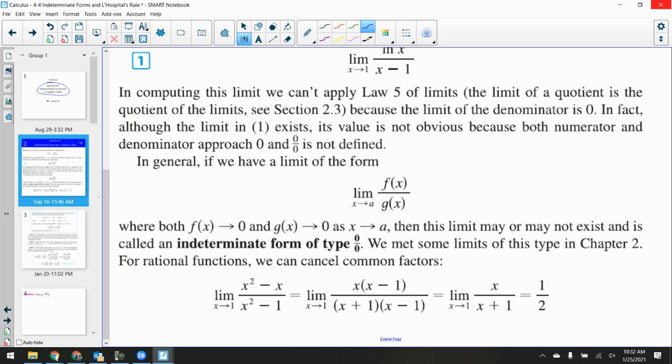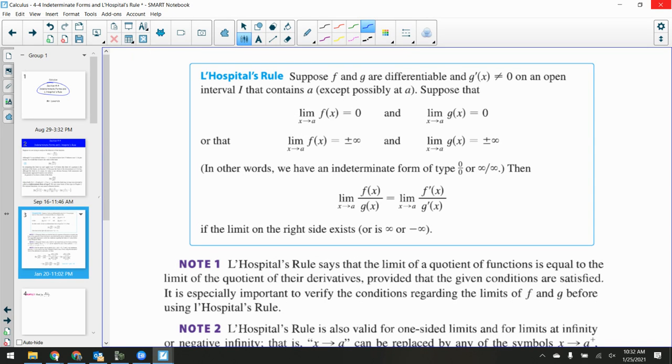So what do we do with something like that? We have this thing called L'Hopital's rule. It says that if it's an indeterminate form, suppose that f and g are differentiable and g prime of x is not equal to 0, so when I take the derivative of the bottom, it doesn't turn into 0. Suppose f and g are differentiable and g prime is not 0 on an open interval.